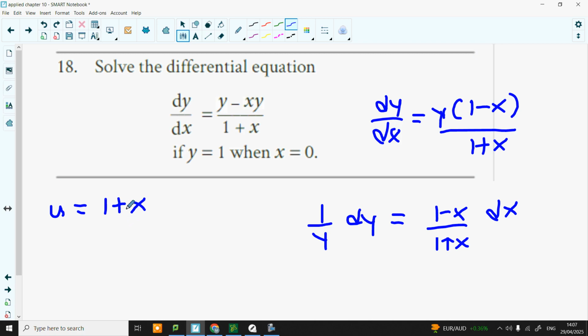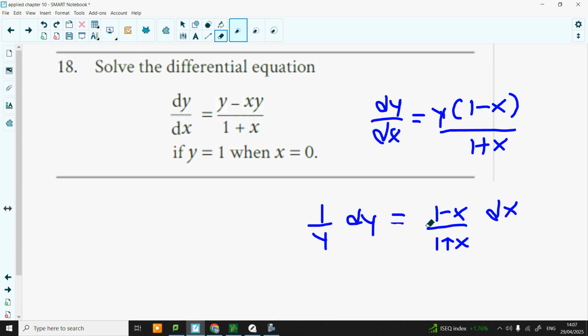And u equals 1 plus x. Is that right? Then 1 minus x. No, I can't do it that way either. No, I wasn't going to do it that way either. It turns out, nope. Okay, so we're sort of stuck here because the derivative of u wouldn't work, would it?